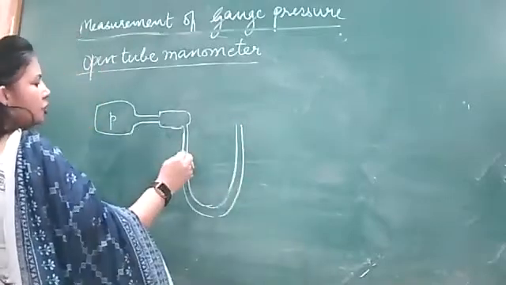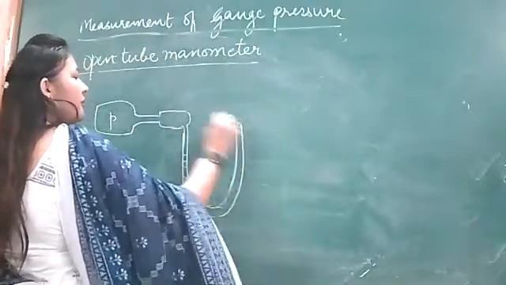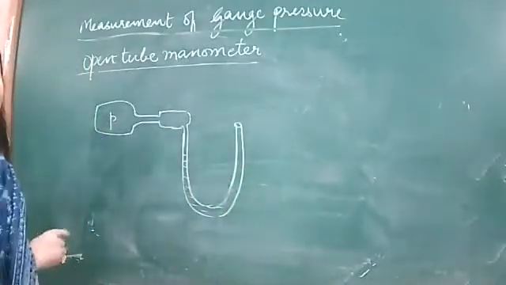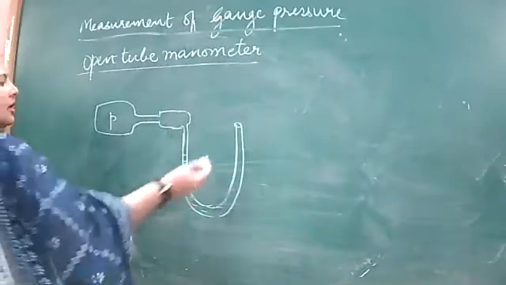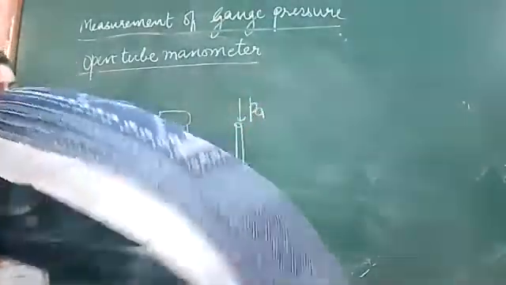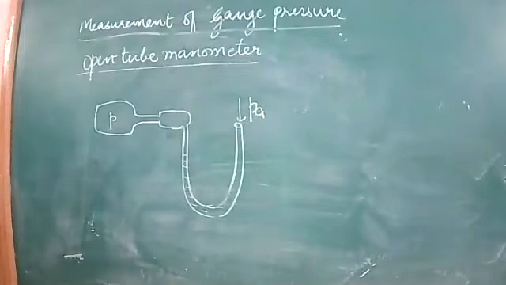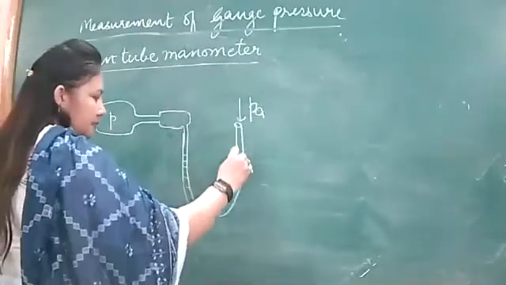We are having a U-shaped tube whose other end is kept open. One end is connected to this body whose absolute pressure is P, and another end is kept open. That means at this open end, the pressure existing is atmospheric pressure.